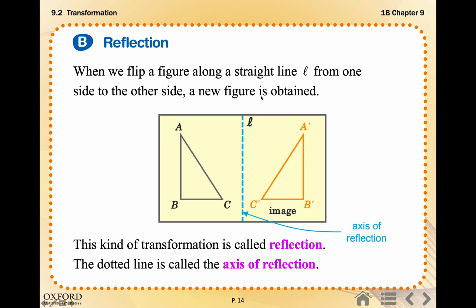And also the dotted line here, because we reflect along this line, we call it the axis of reflection. And I think you may have some similar idea about the axis of symmetry that you had learned before. Actually, they are similar, okay? But here we are talking about reflection, and this line, I call it the axis of reflection, like a mirror, okay? To reflect the image like this.